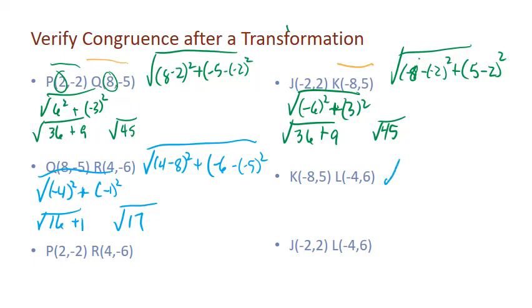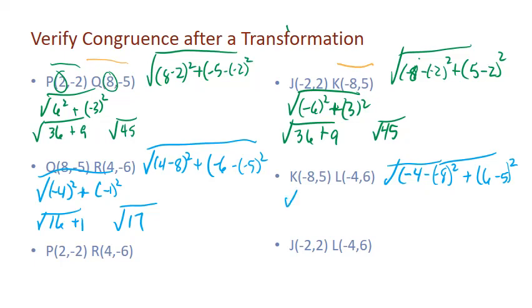So let's begin. We got the square root of x2 is negative 4, minus negative 8. That's all squared, plus, let's see, y2, we got 6 minus 5 squared.